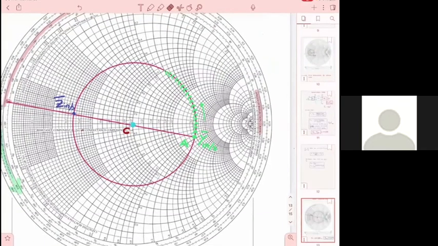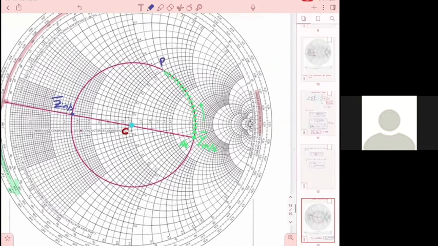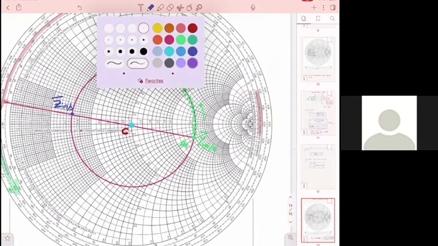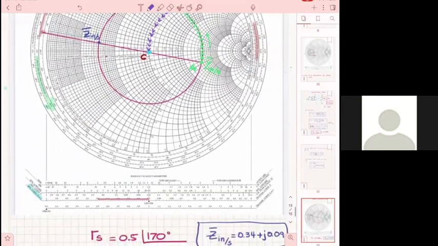Yeah, exactly. Okay. So now from A, I go to point B, which is this point. And then from there I go down here to go to the center of the chart, which is my destination.